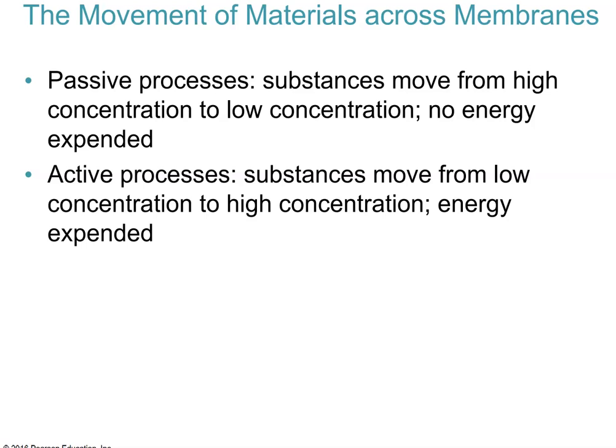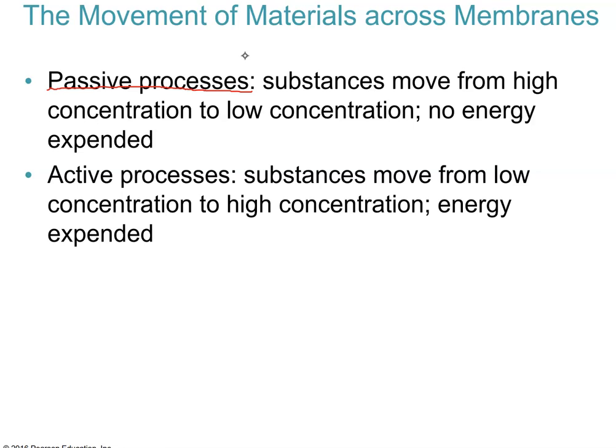Anytime we don't need energy to move stuff across, but we're just relying on concentration gradients, we call that passive processes. Anytime we have a concentration gradient and we open one of these pores, then a substance can go from high to low concentration. So it will go down its concentration gradient.